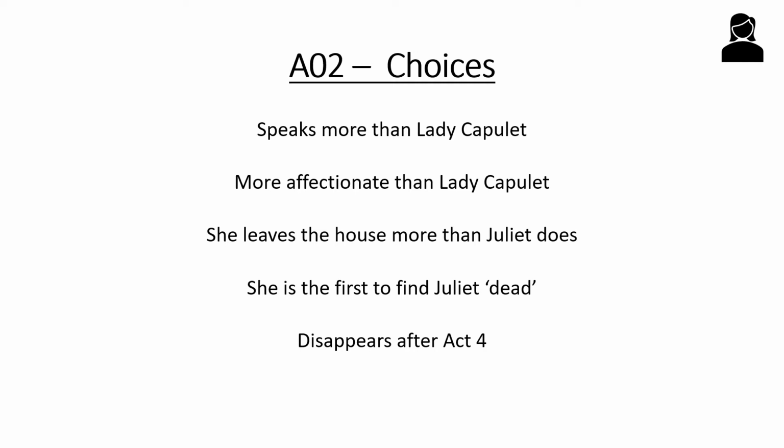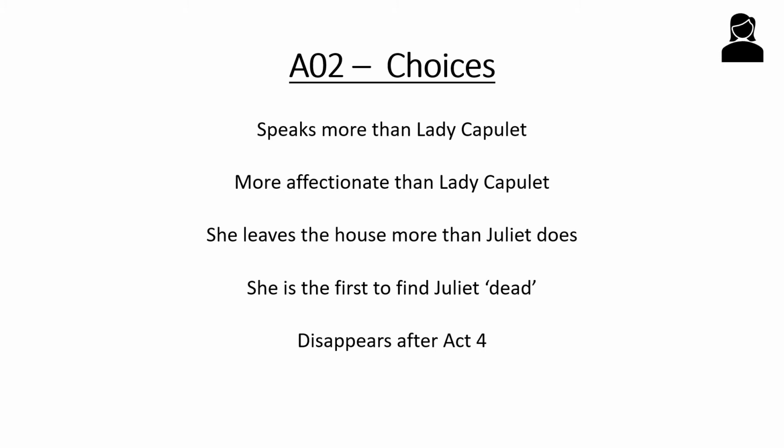Now often when we think about writing about Shakespeare, we think of choices to do with things like similes, metaphors, verbs, repetition, those sorts of things. But actually there's lots of other choices in the story that we could easily talk about. And sometimes they're a lot easier because you don't have to remember specific quotes and particular things.